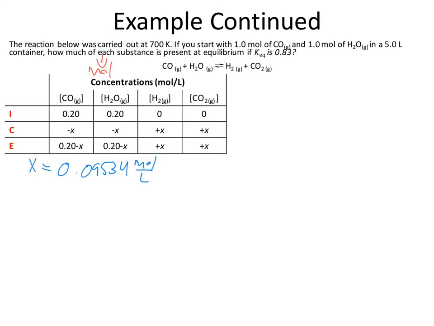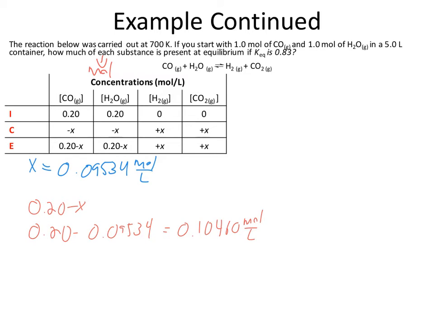And the way we do that is we have 0.20 minus x. Now x is the value that we found before, 0.09534, and we get 0.10460 mole per liter.